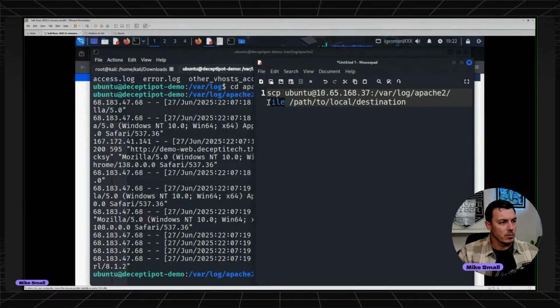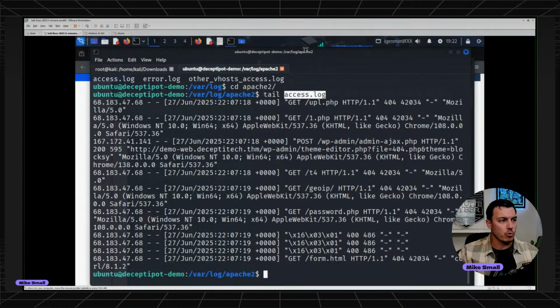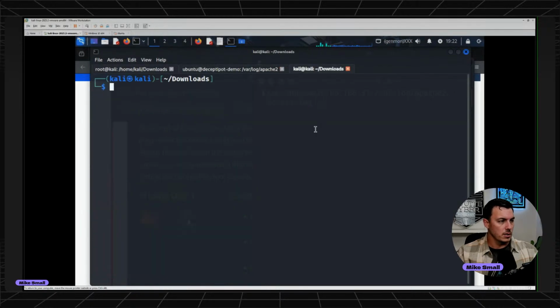And we'll go ahead and remove this. And we're just going to do a /. So wherever we run this, whatever directory we run this at, it's going to pull it down into there. But saying that, we need to go ahead and prep a directory to do this. So I'm just going to do a, let's see, mkdir.